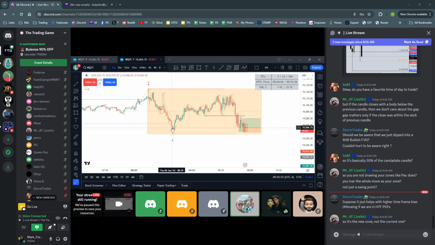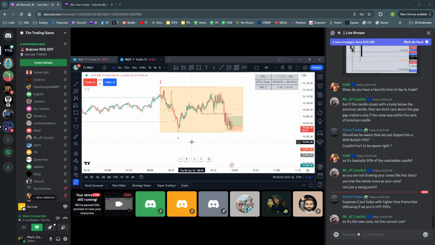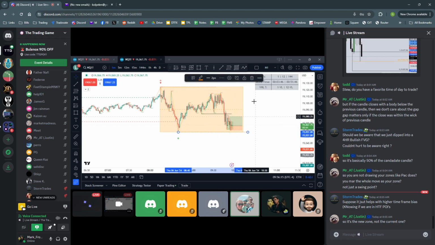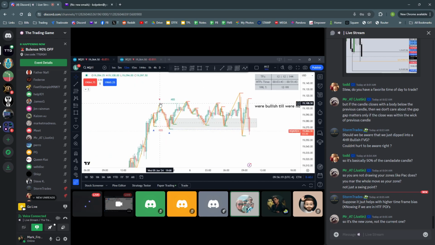So it's the new zone, not the current one. We haven't made a new zone yet though, because we need to break this low. On the 1. If you're referring to the 12, yeah, we're still in this zone.